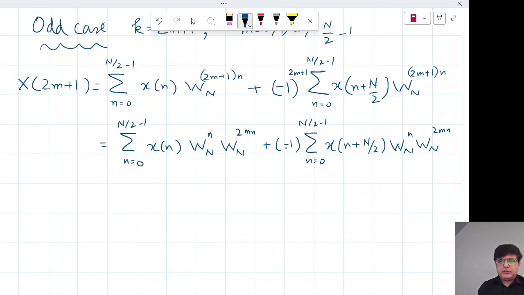So now, since this is just minus 1, I can just replace it with just minus over here, right? And again, are the limits of the sum the same? The limits are the same, right?